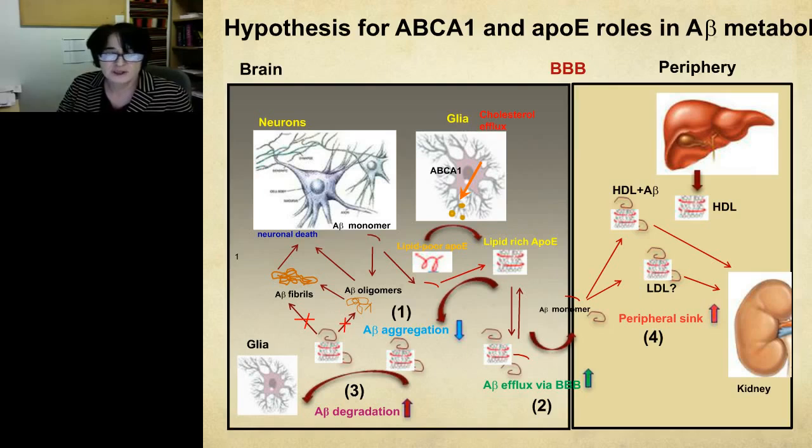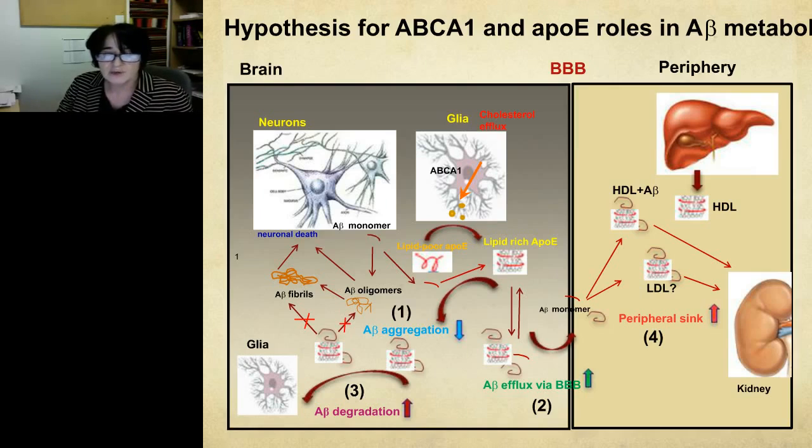better binding of lipid-rich APOE to A-beta, which eventually can affect A-beta aggregation, decreasing the aggregation and preventing the formation of oligomers and fibrils. The consequence of this is that soluble A-beta, either as monomer or smaller oligomers, can have better chance to pass the blood-brain barrier. Another consequence is that soluble A-beta could be better degraded by extracellular proteases or phagocytosis by microglia.